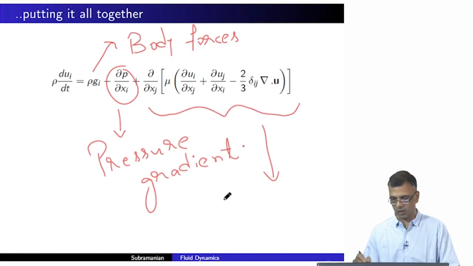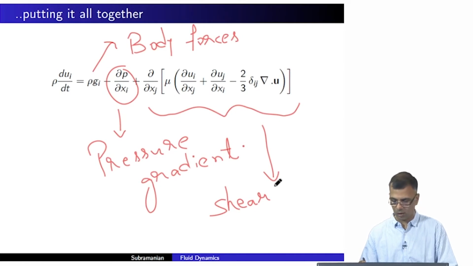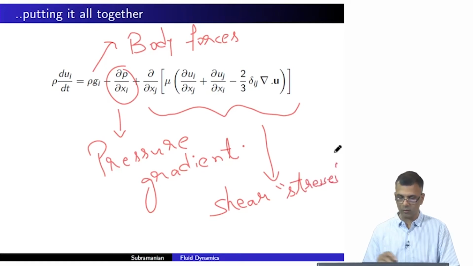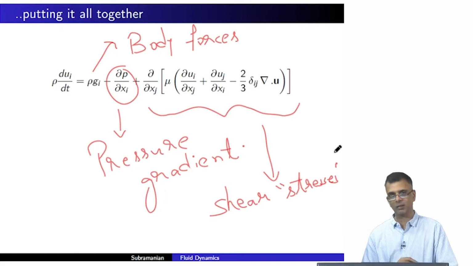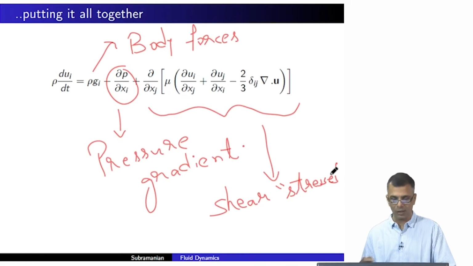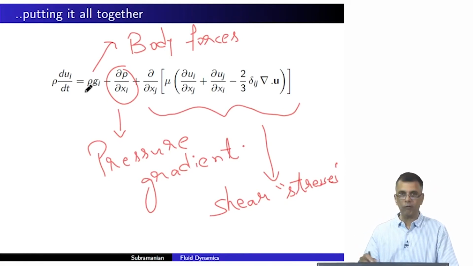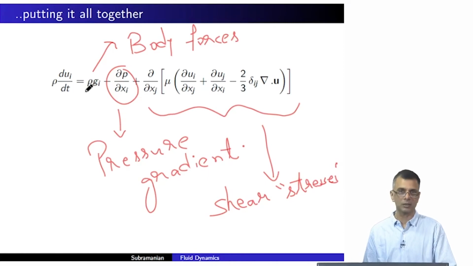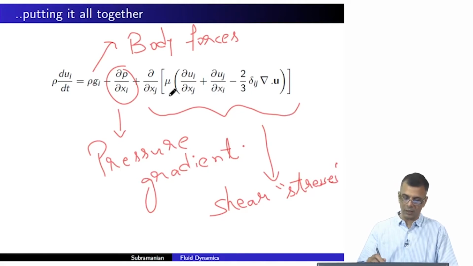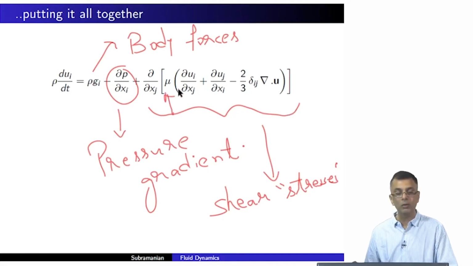These are shear stresses. I put the stresses under quotes because this is really the force arising from shear stresses. So this is a force, that's a force, there's also a force that's arising from shear stresses. And this obviously has to do with viscosity. The coefficient of viscosity is this mu.